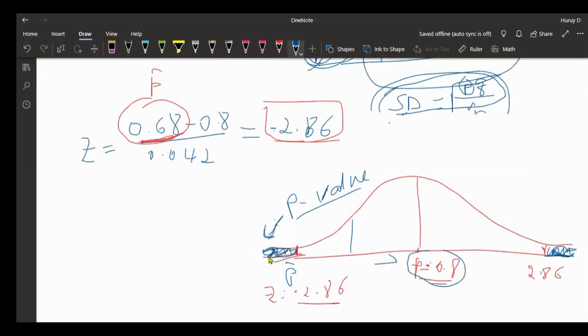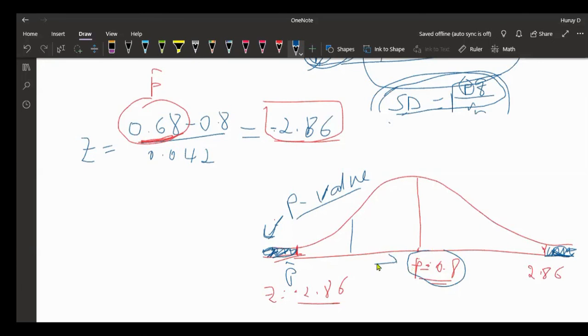If this area is small, then it tells us that our sample is far from the center or this claimed value. Therefore, we would agree that this difference cannot be only by chance, which means we don't agree with this null hypothesis because our sample is too far from the center. Therefore, either this is not true, or there is something incredible that happened when we selected our sample.